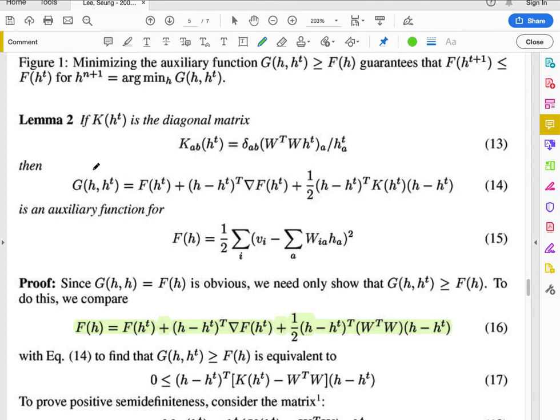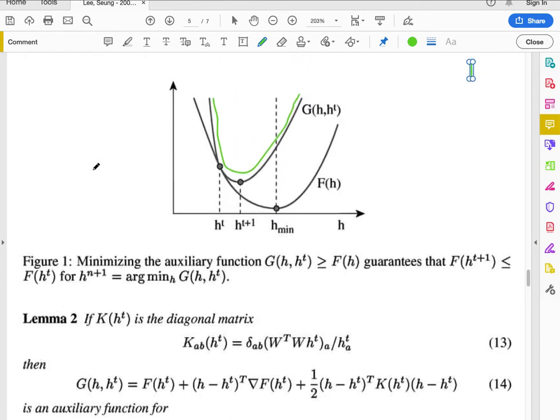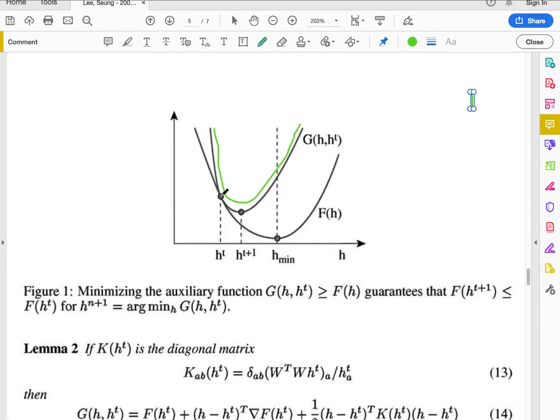What is HT? HT is the current local anchor where G and F are the same, and H is the variable. So if I go to the figure, HT is the anchor and H is the variable. So in this one iteration, HT is fixed.